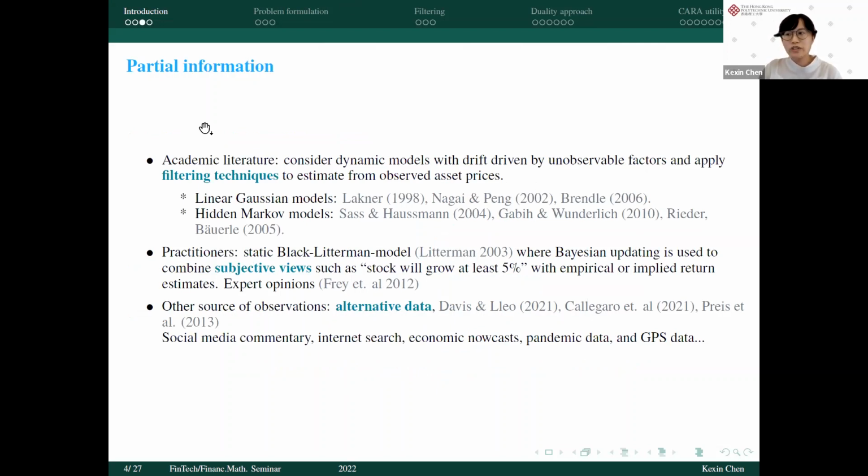Pioneering work in the academic literature considers dynamic models with the drift driven by unobservable factors. These include the linear Gaussian models and also the hidden Markov models, and then apply a filtering technique to estimate them from historical asset prices.